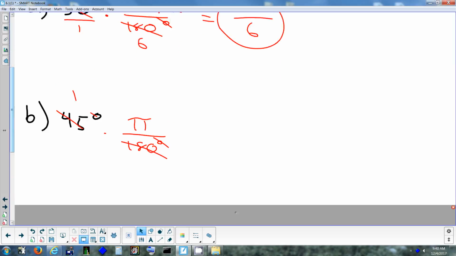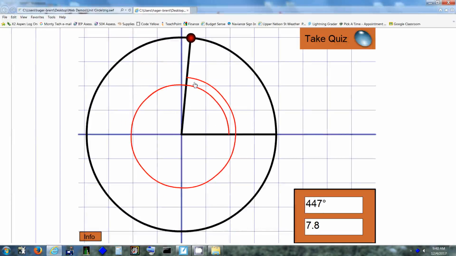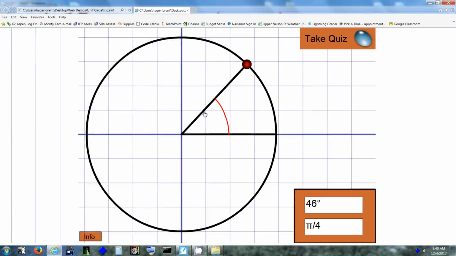How many times does 45 go into 180? 4 times. So 45 degrees is the same as pi over 4. And we could show that very easily. Right there. 45 degrees is pi over 4.